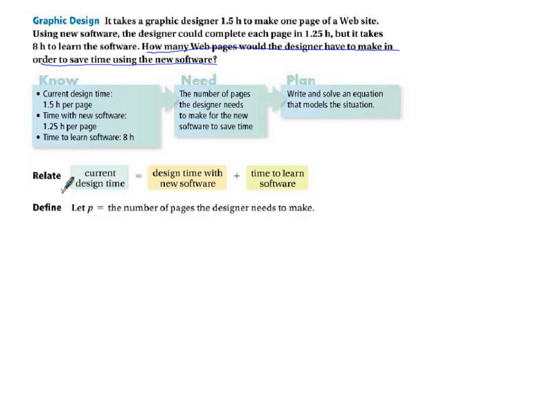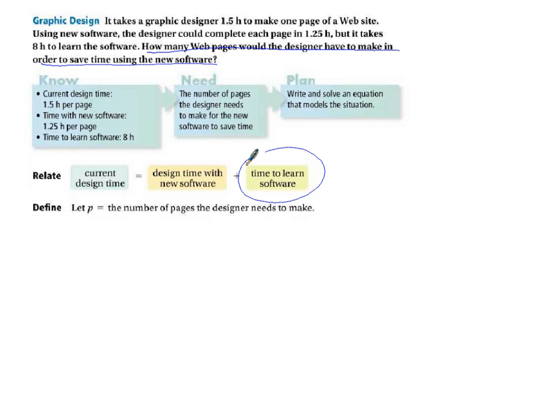So this comes straight out of your book, by the way. They do this all the time in your book. They're saying, what I'm doing is thinking about how to set up this equation. The current time it takes to design a web page is equal to the design time with the new software plus the time to learn the new software.